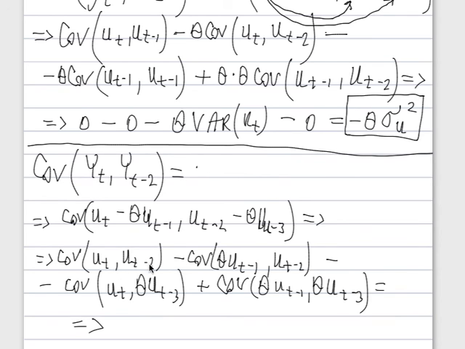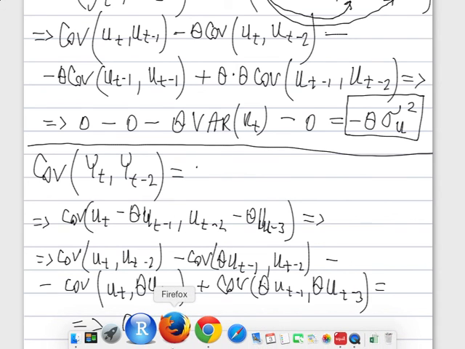So this is 0, this is certainly 0. So we'll have 0. If all of them are 0, obviously, yep.